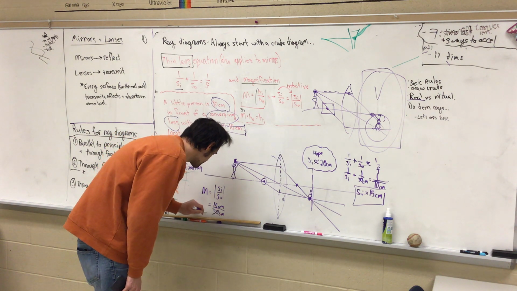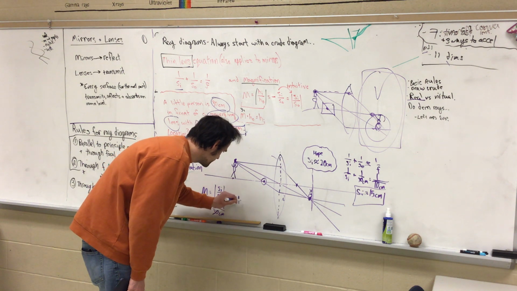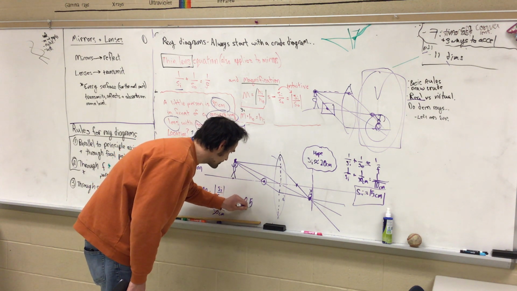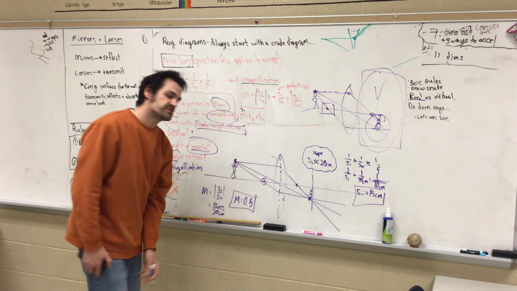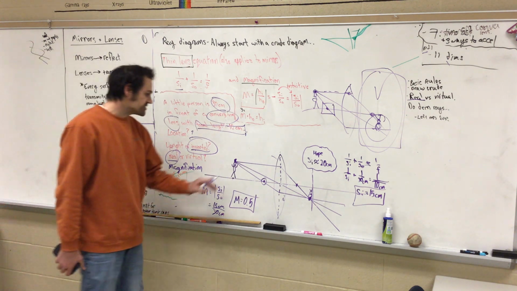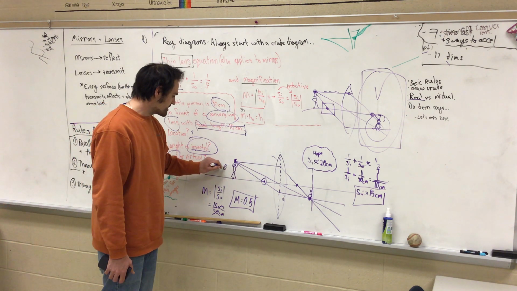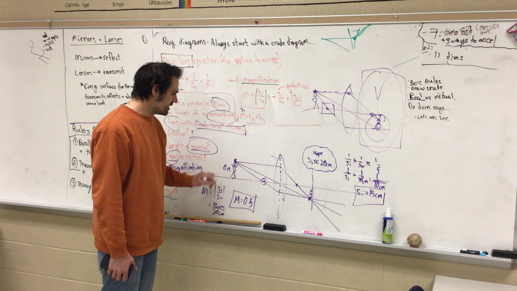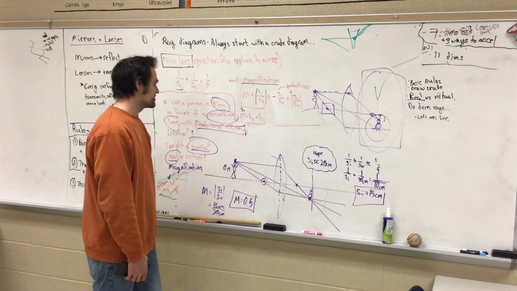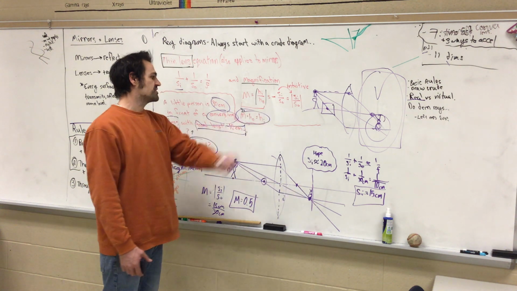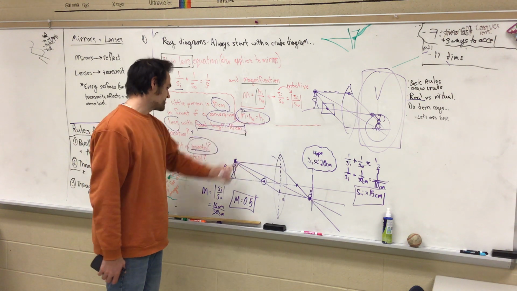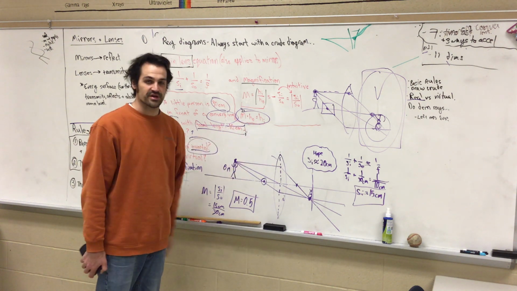So our magnification equals 0.5, or 1/2. So an image will appear half the size. So if this person's 6 meters tall, they're going to appear 3 meters tall. And that comes from that equation right there. Magnification times the object height equals the image height.